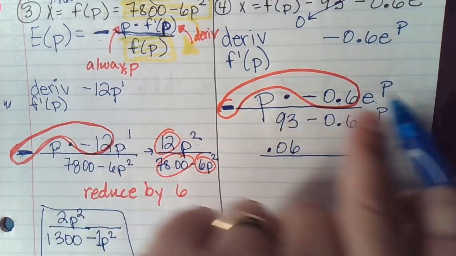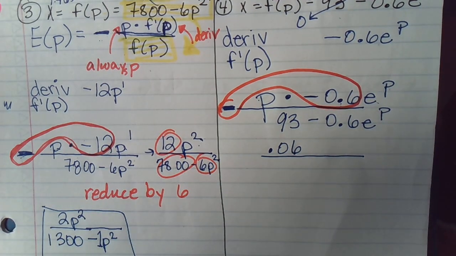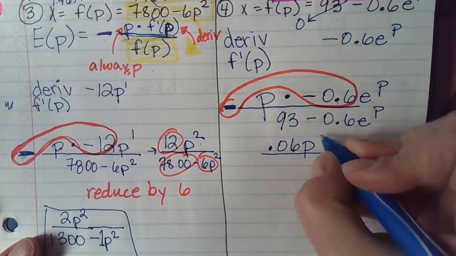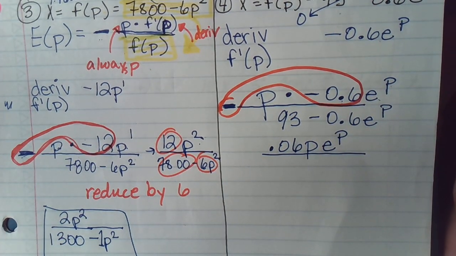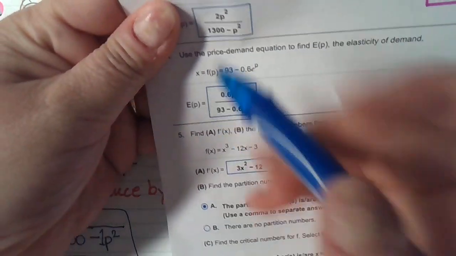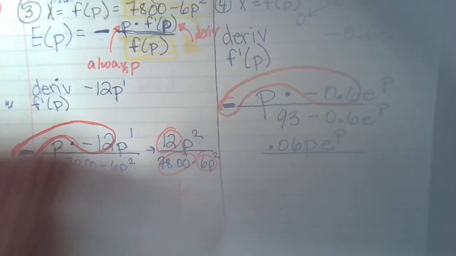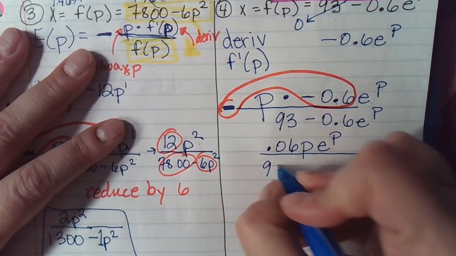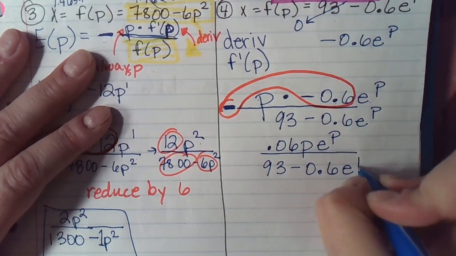This is p times something janky. So let's just squish all the janky stuff together. We have 0.6, then p, then e to the p. That looks like 0.6 pep. But if you look at the answer, it has pep in it. So we're doing okay. All over the bottom, 93 minus 0.6 e to the p.